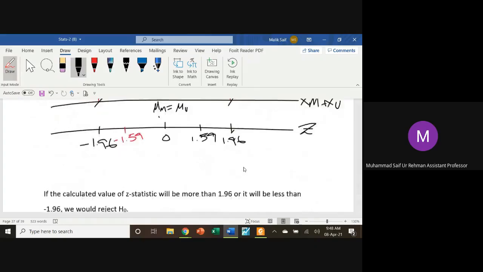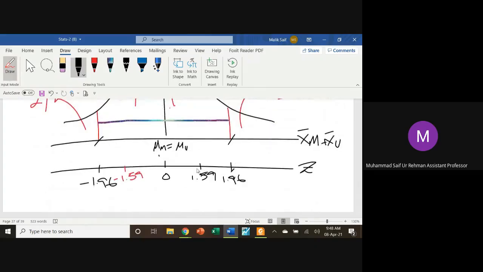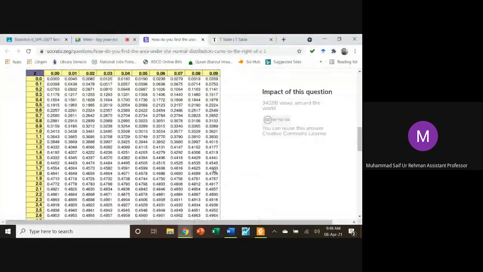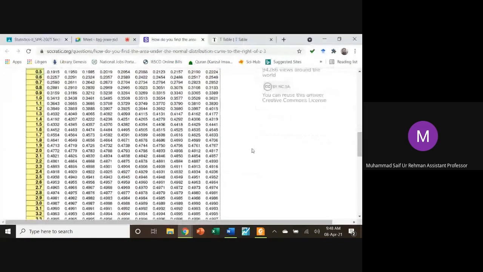Now we are interested in the p-value, and for the p-value, we are going to use this 1.59. See what is the value against this 1.59.